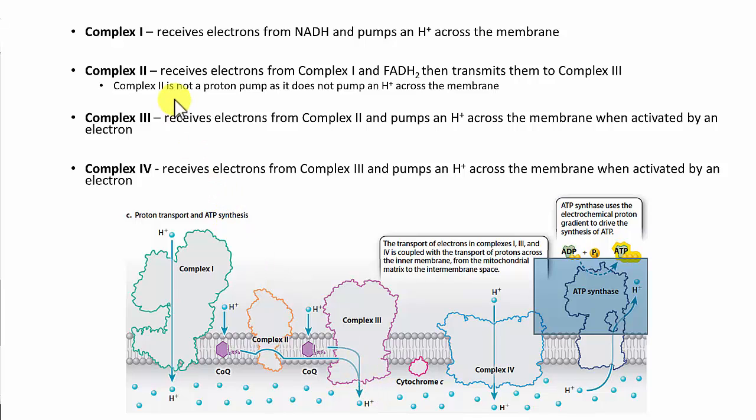Now, the first pump will act with NADH, and so NADH will activate the first pump. That one activation will then trigger a reaction in the third and the fourth. So an NADH molecule will activate all 3 pumps in the chain. So one NADH will be responsible for moving 1, 2, 3 hydrogens across the membrane here.